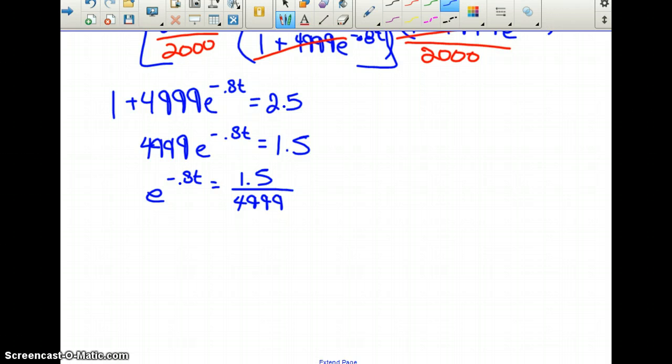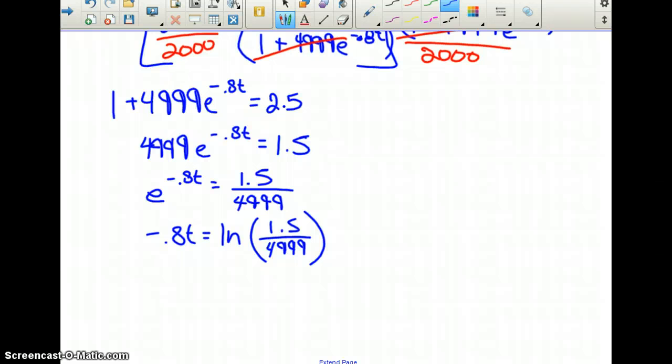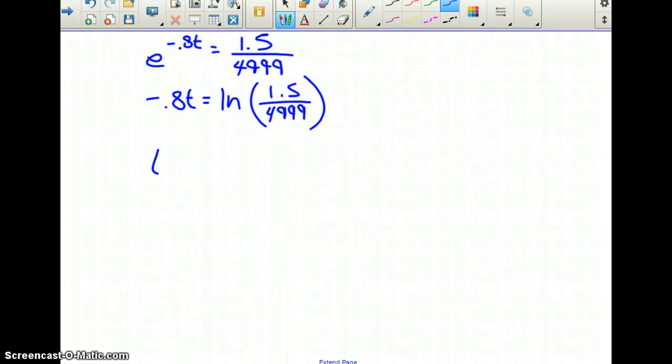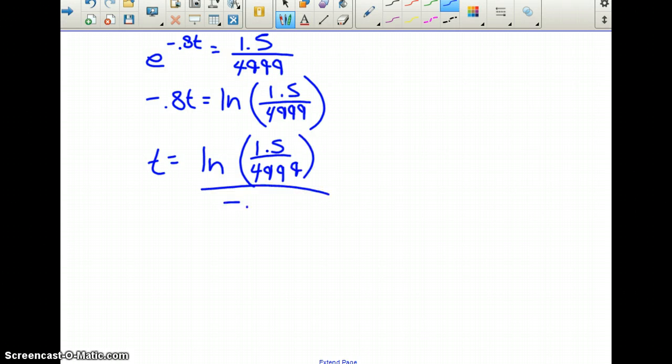I know that to undo the e, I have to take the natural log. Negative 0.8t equals the natural log of 1.5 over 4999. And then last but not least, I'm going to divide everything by negative 0.8. So I have t equals natural log of 1.5 over 4999, all divided by negative 0.8.